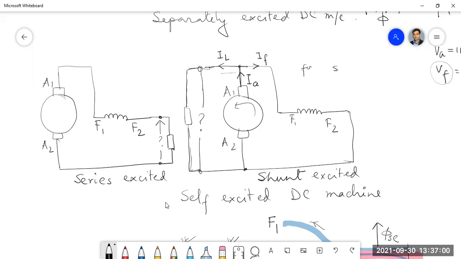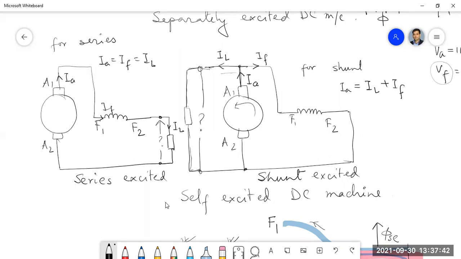Right? Yes, sir. Because it is a shunt. So therefore, the IA will be IL plus IF. But here, in case of series, if this is IA, if this is IF, and if this is IL, load current, so how we can relate them? So all the currents will be equal.